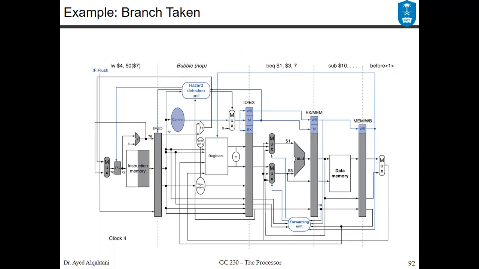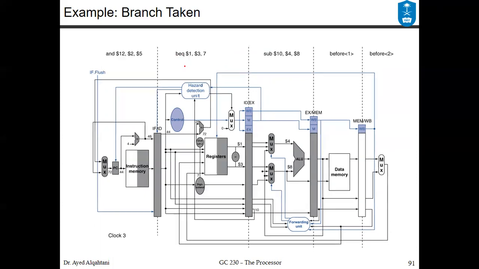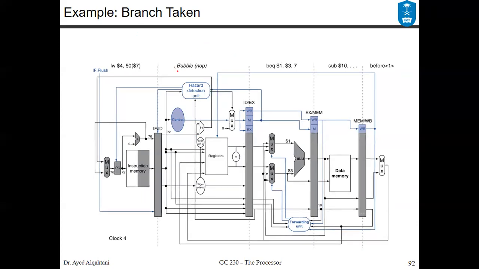But the old AND, which is this one, is taken out, and instead we have a bubble. And then you get the new instruction from the target, which is the load instruction.